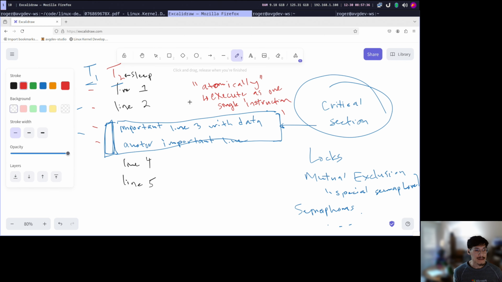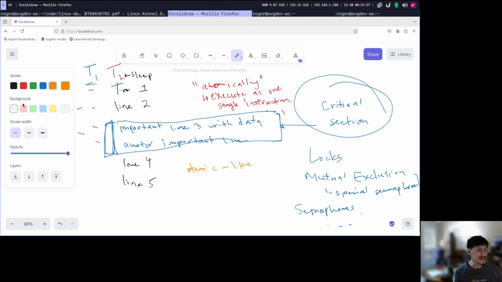Now, a critical section is supposed to be executed atomically, so it's atomic-like. Why do I claim it's atomic-like? Because first of all, this is not one instruction.